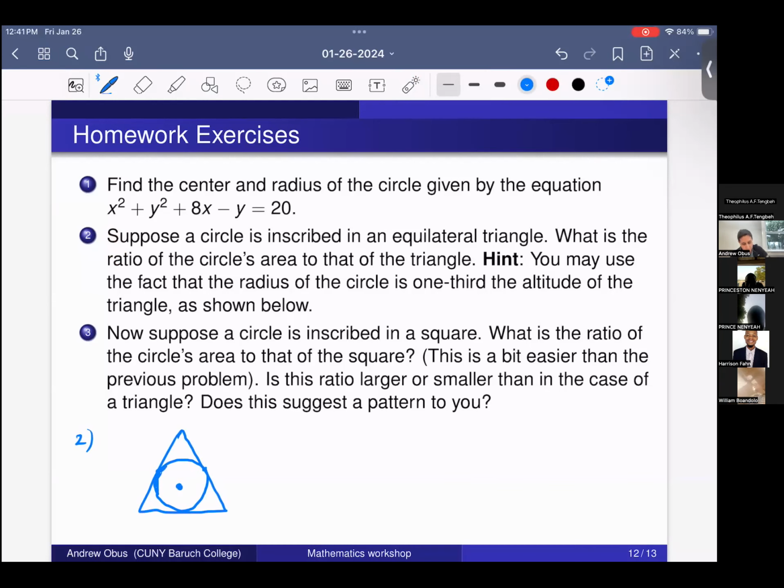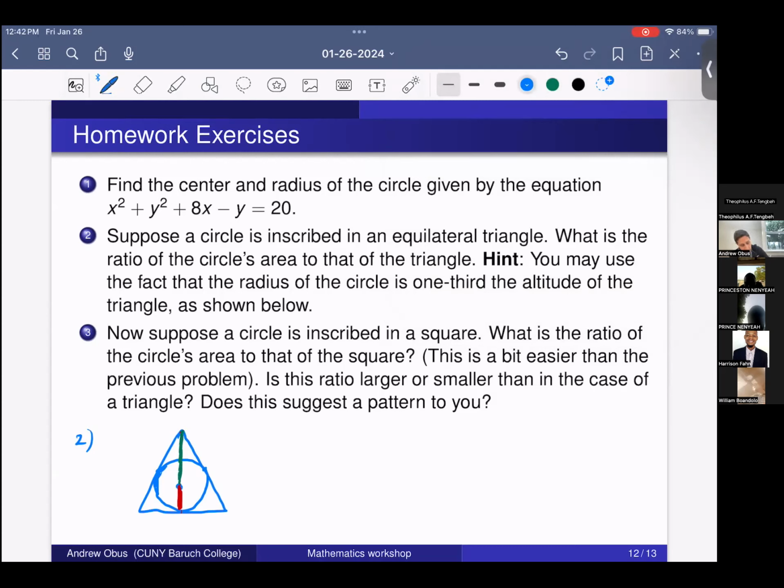One fact that you're allowed to use is that the radius of the circle is 1/3 of the altitude of the triangle. This right here is the radius, and let me draw the rest of the altitude in green.